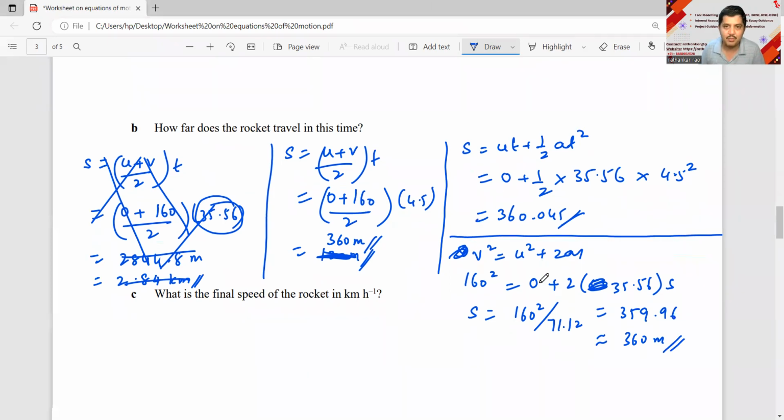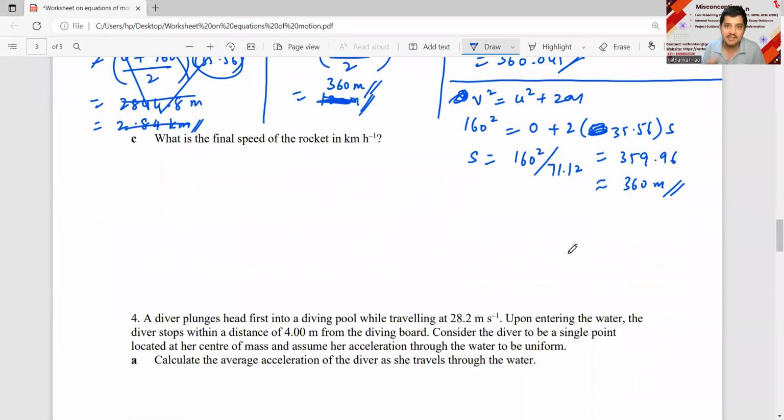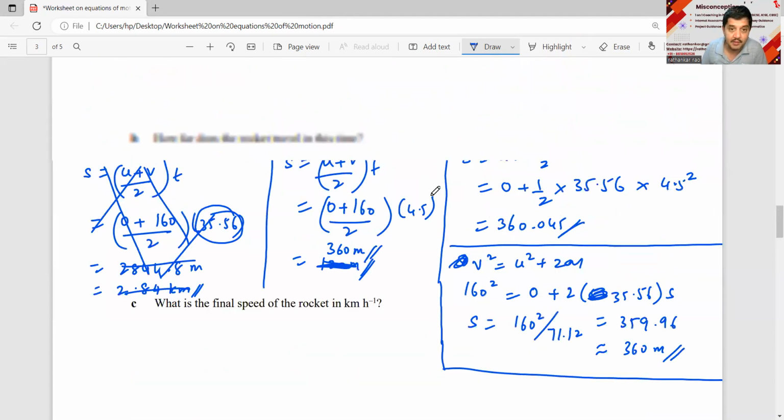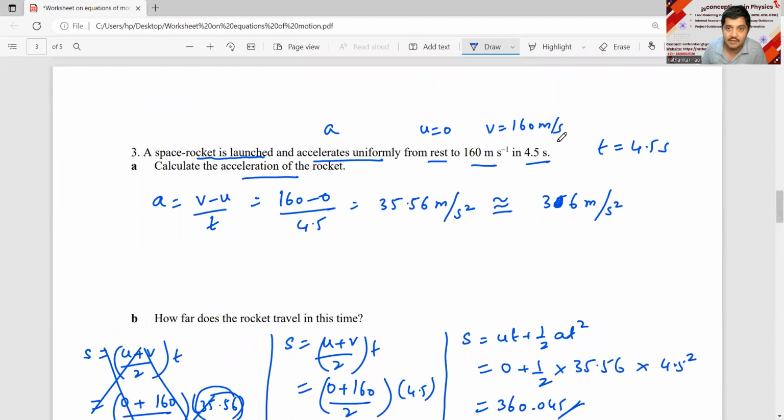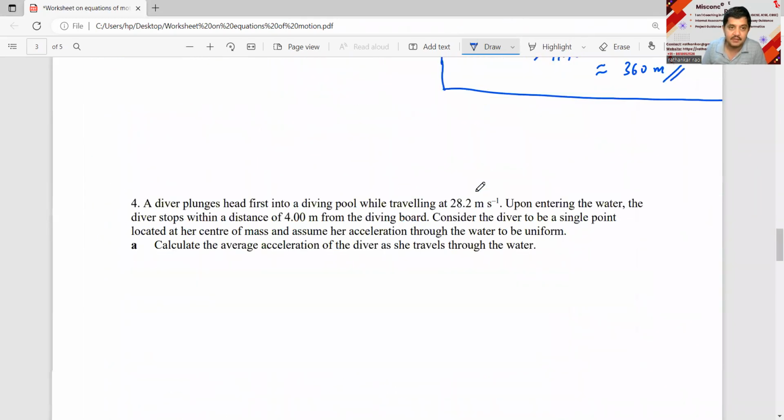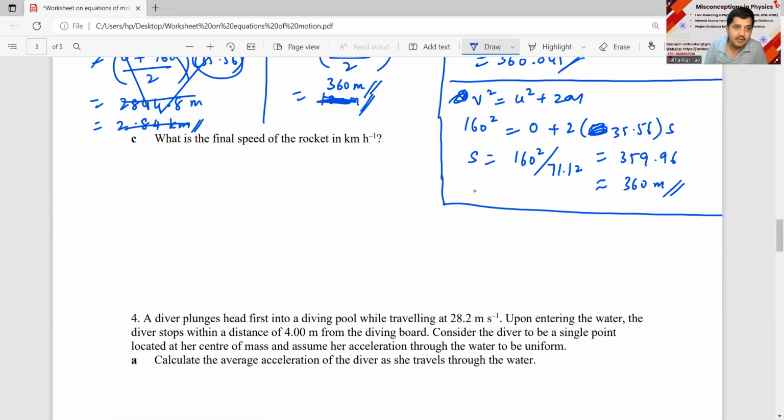Now I hope when you start working on these equations, you will get to know how to employ the equations of motion. Then, what is the final speed of the rocket in kilometer per hour? What is the speed we have calculated? 160 meter per second. It's already given. So you need to convert 160 meter per second to kilometer per hour.